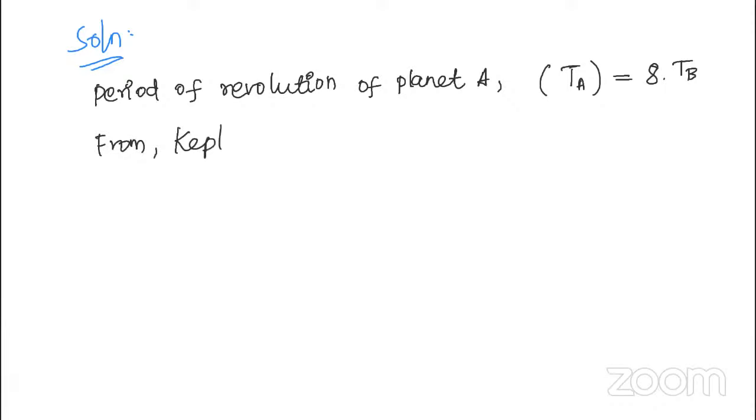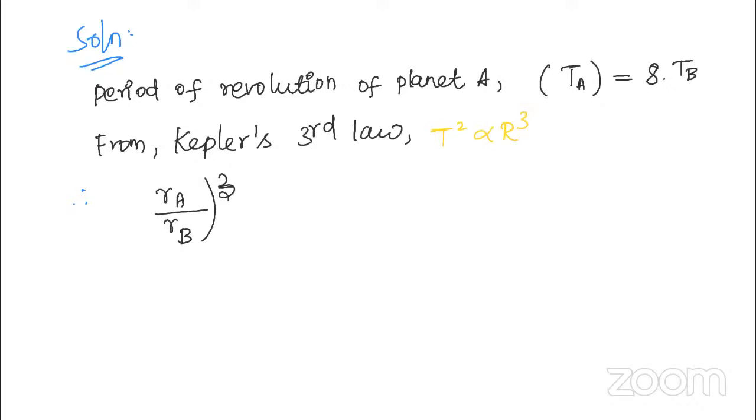Now let us take Kepler's third law. What is the formula? T square is proportional to R cube. So simply we write RA by RB the whole cube is equal to TA by TB the whole square.